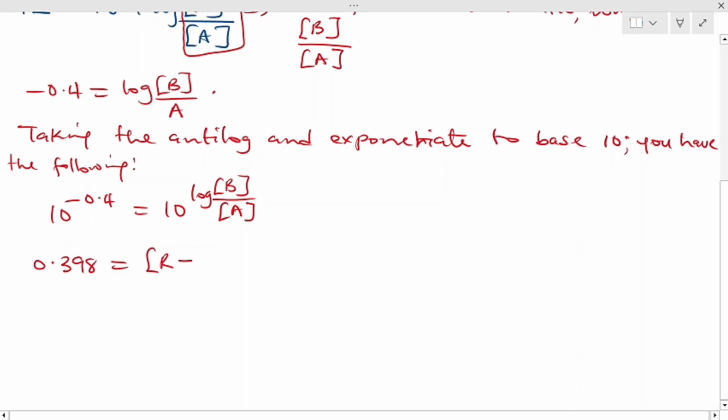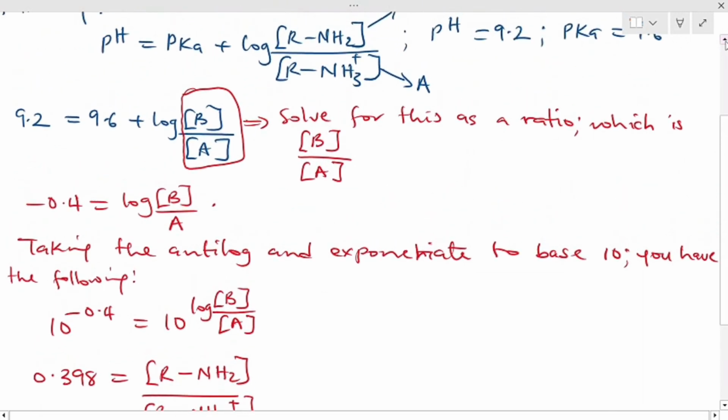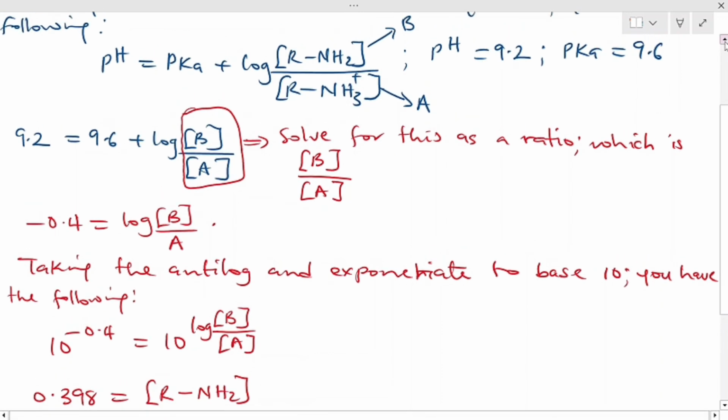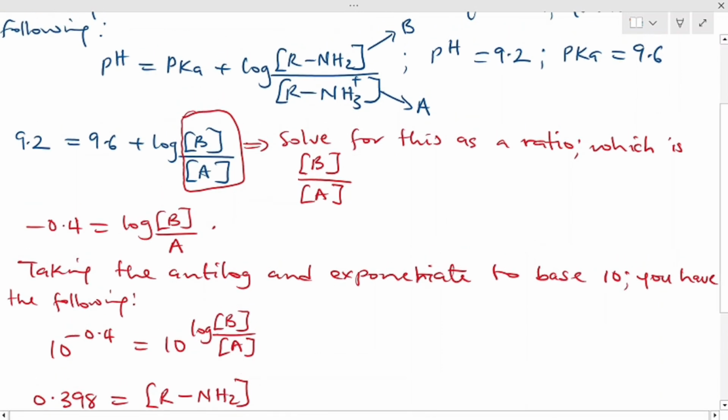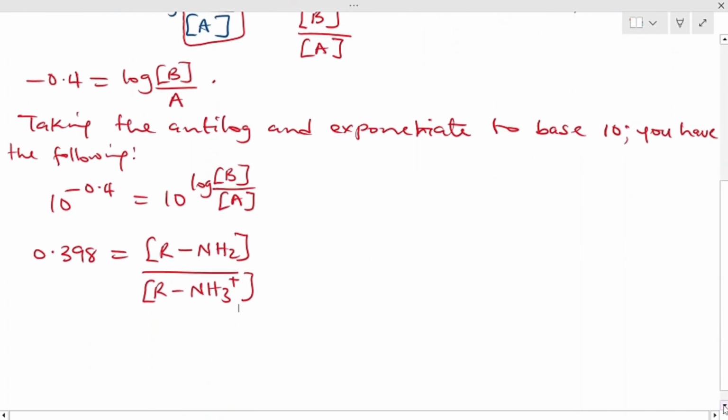RNH2 over RNH3 plus. Of course, remember in our previous solving we said let RNH2, which is your conjugate base, be the base represented by B, and the acid represented by A. So what we have done here is simply replace it back.